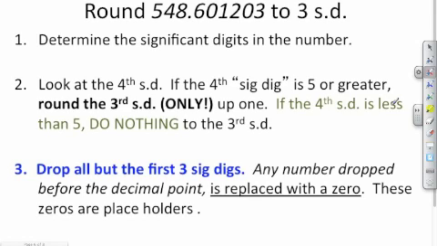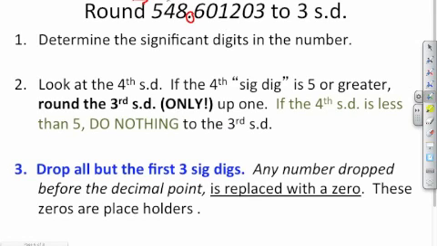Well, the first thing I want to do is use my Atlantic and Pacific rules to determine which digits in that number are significant. I notice that there is a decimal in the number. Therefore, I'm going to use my Pacific rules. So moving across left to right, I want to find the first non-zero digit.